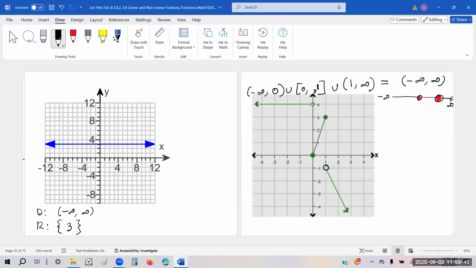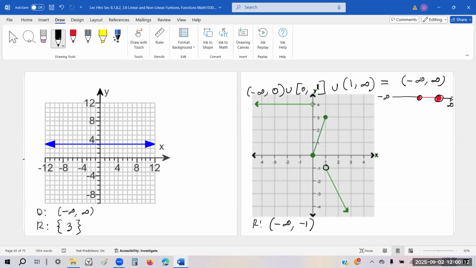What's the range? Real quick. Range is the y, so start from the bottom part. What is the smallest y here? Negative infinity until you reach negative 1. So negative infinity to negative 1, and at negative 1 you have an open circle. Then you jump.